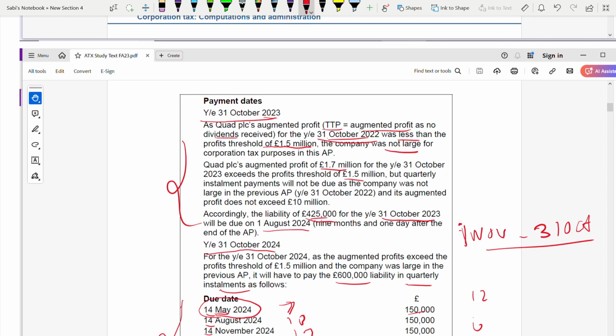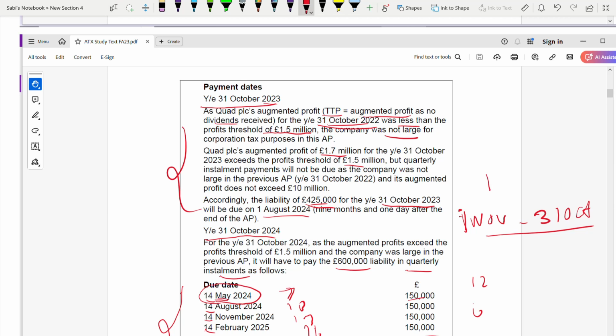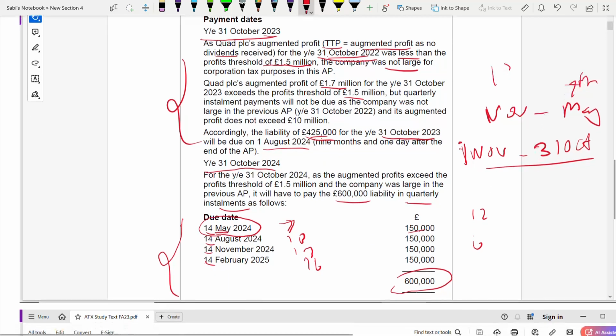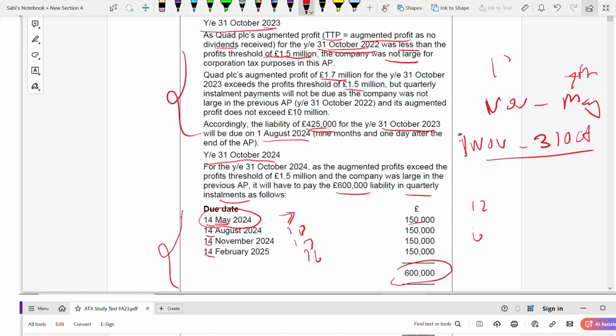November is the first month. November, December, January, February, March, April, May. So when you land from November to May, May is the 7th month. Take the 14th of it. So that's how we got 14th May, and just keep on adding 3 months to each.